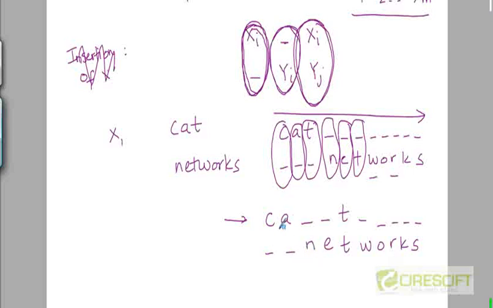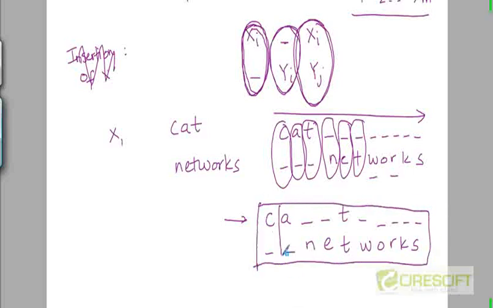These blanks correspond to deletion of this character, and these blanks correspond to insertion of the characters in this string. So effectively you want an alignment of these two strings such that you minimize the total number of operations.